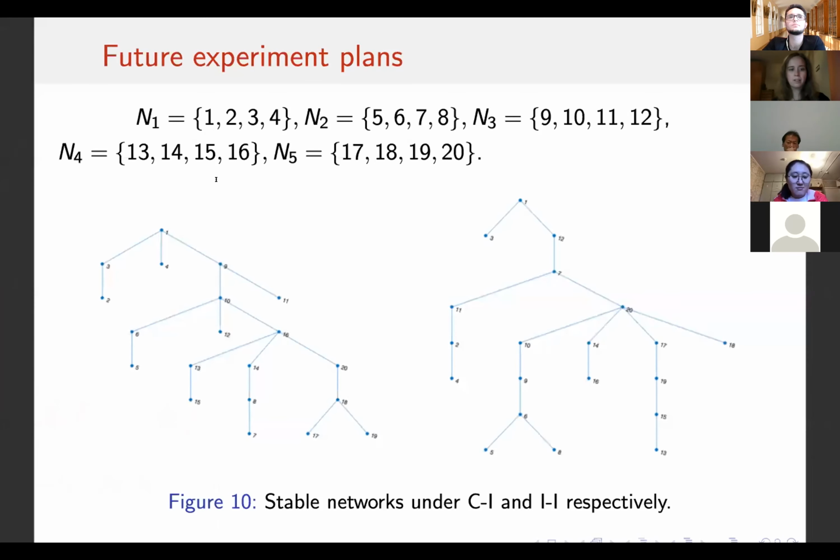We can see that players in the first group and the last group are only connected with players in the nearby group, but under incomplete information, the links are more crossing, and the connectivity between groups is very high. So I think we will do more experiments for these cases.